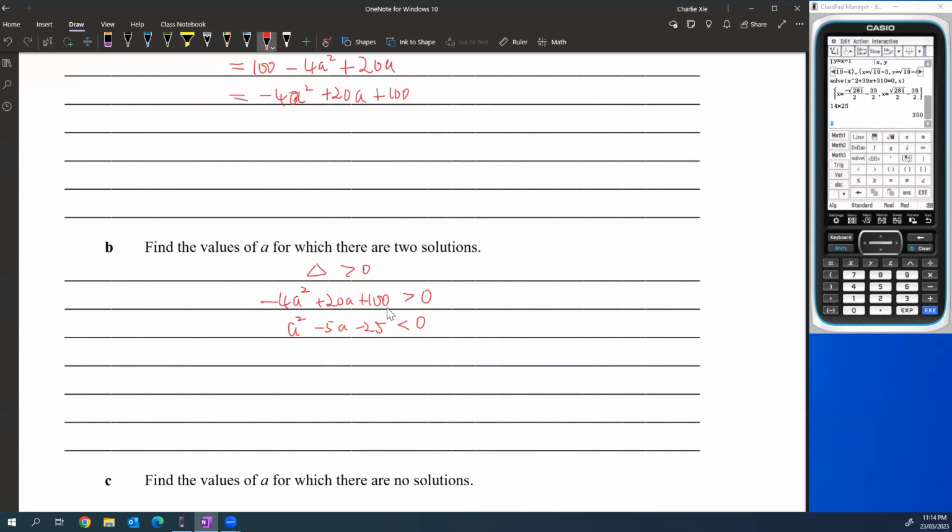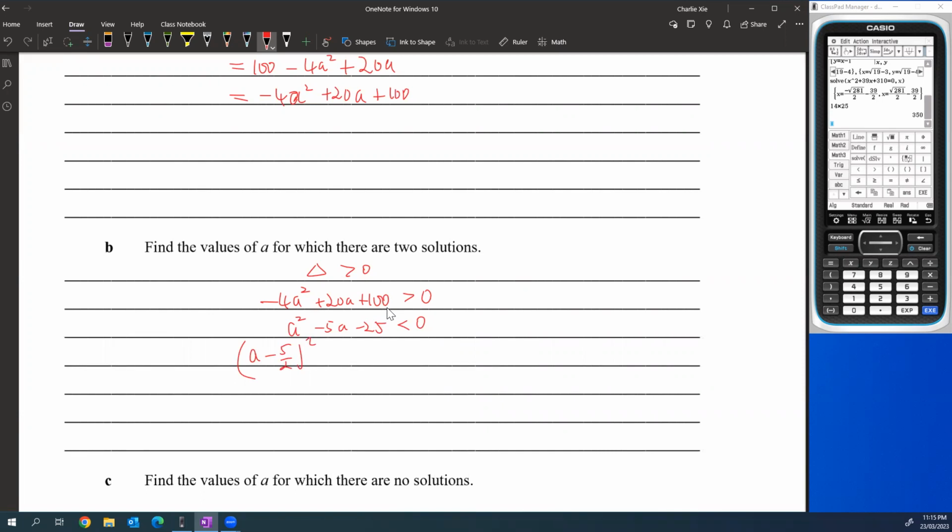Now, this one, negative 25. I can't think of any numbers that multiply to negative 25 and add to negative 5. So we can do either completing the square or the quadratic formula. All right, let's do completing the square. So a minus half of the b value. That's minus 5, so half of that is 5 over 2.